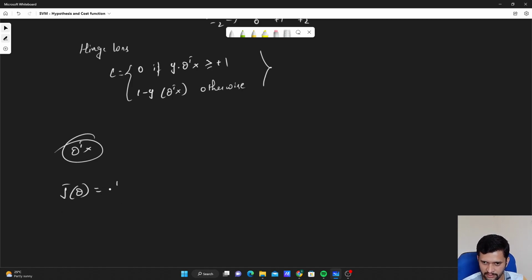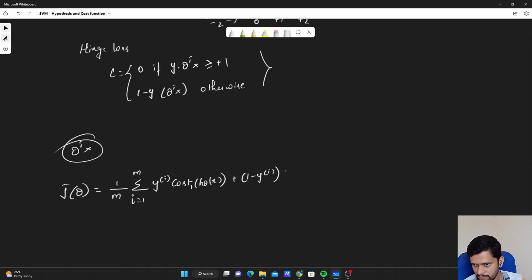It is 1 over m, summation i is equal to 1 to m, of y_i into cost 1 of theta transpose x, plus 1 minus y_i into cost 0 of theta transpose x.